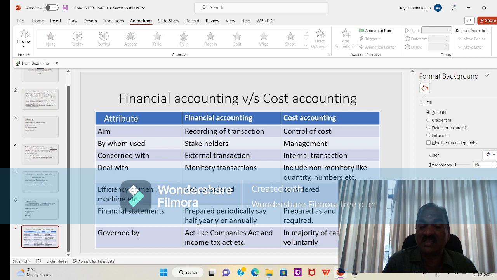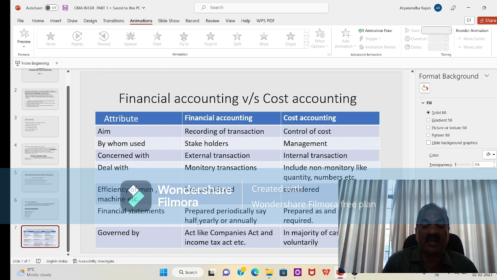In the case of others, at least annually they have to file the return with the Ministry of Corporate Affairs. So it is prepared annually. Then cost accounting records are prepared as and when required. If not coming under cost audit, they are voluntarily maintained, and as and when required, they can generate the reports and results.